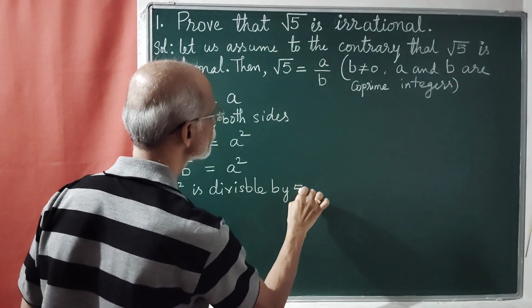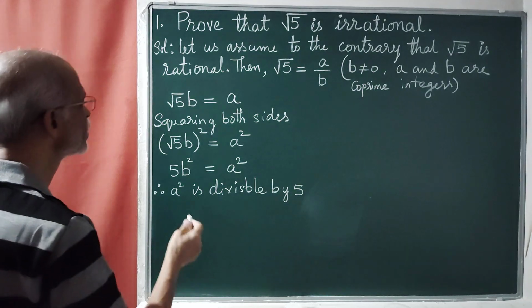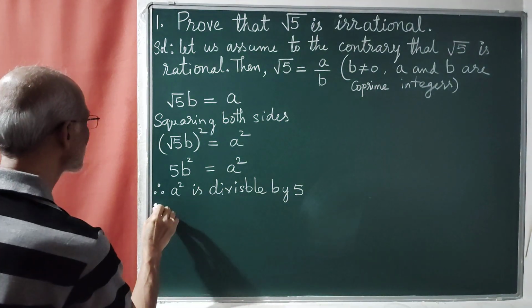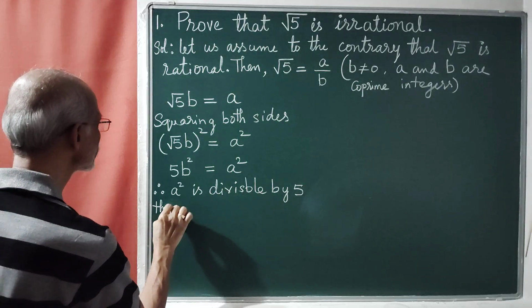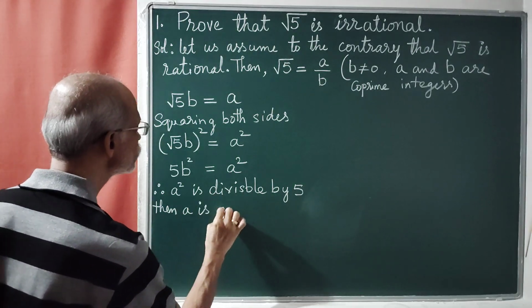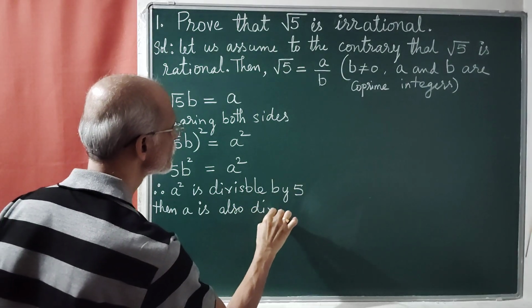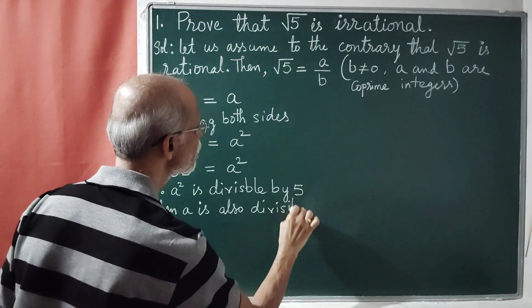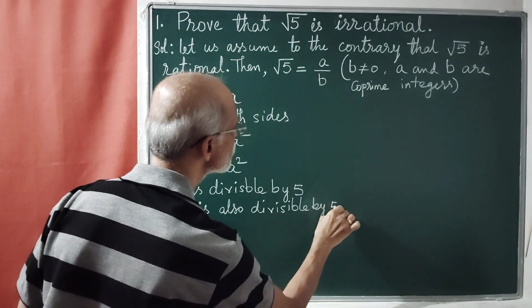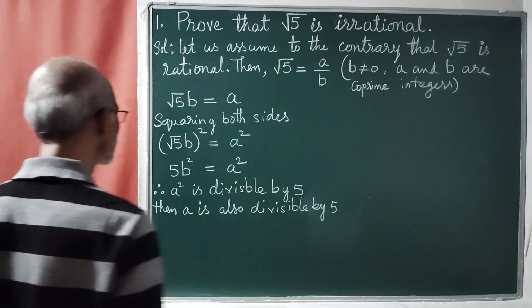When a square is divisible by 5, then a is also divisible by 5.